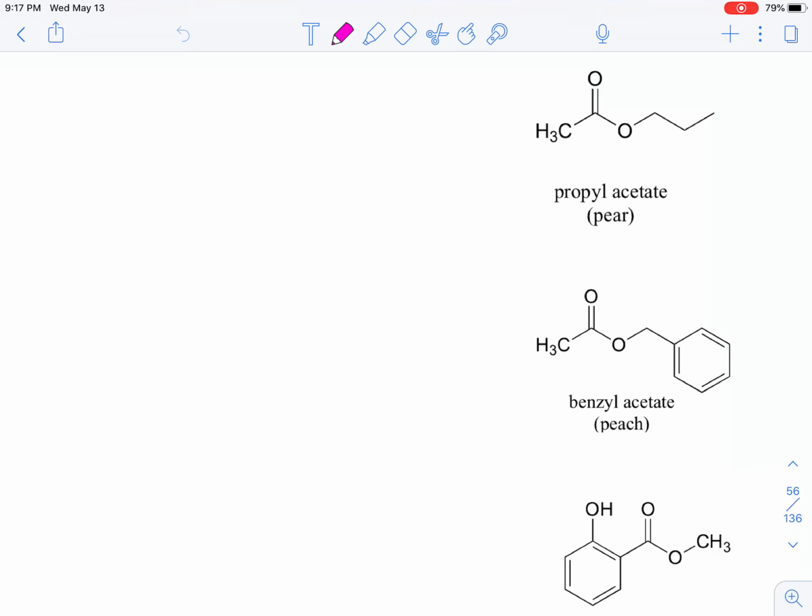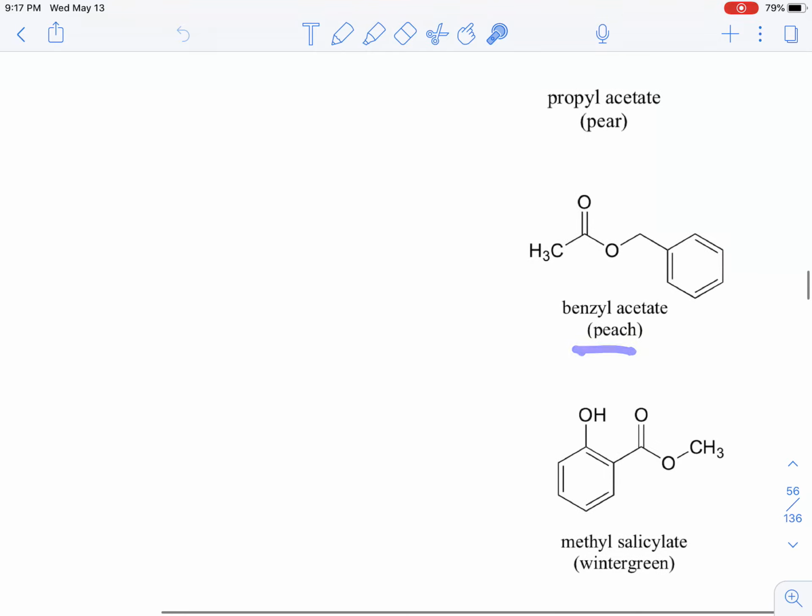And propyl acetate is a major component that contributes to the smell of pear. Benzyl acetate is the major component that one might find in peach. And methyl salicylate is the major component for wintergreen.